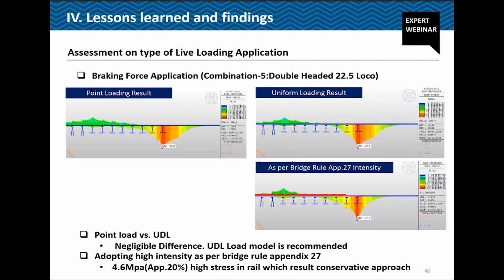So in terms of braking, my conclusion is that adopting this bridge rule, appendix 27, may result in somewhat conservative results. It's not that significant, just 5 MPa or so.